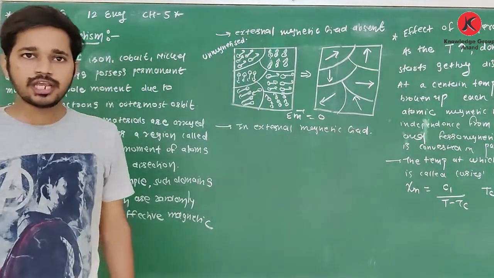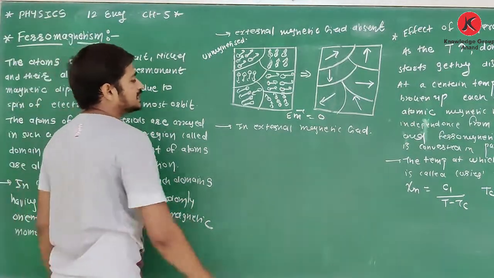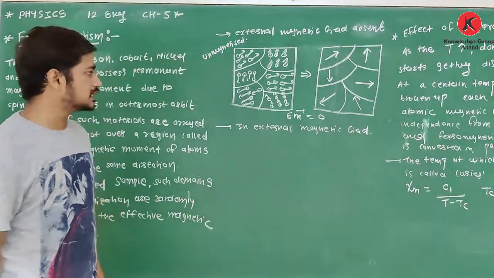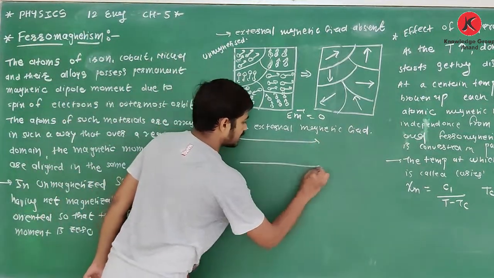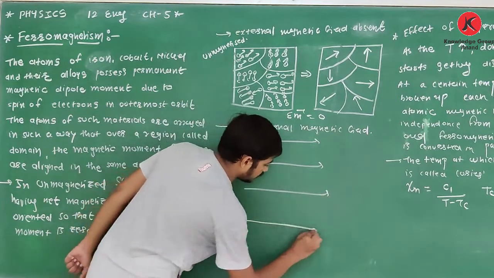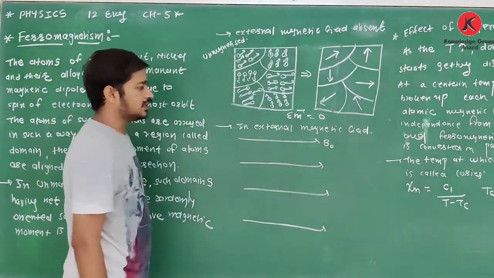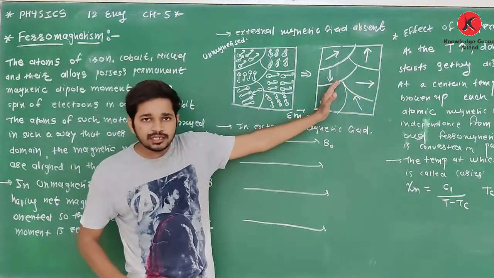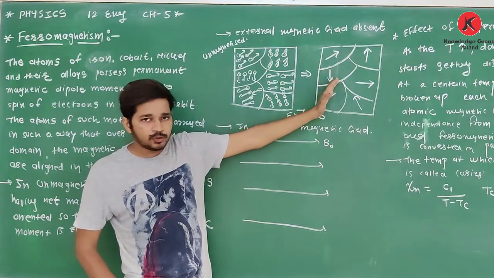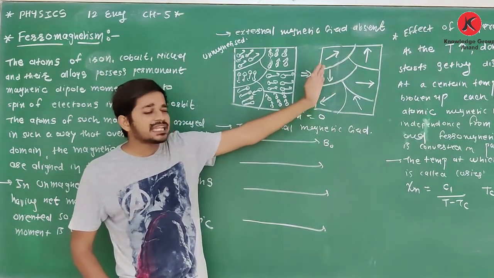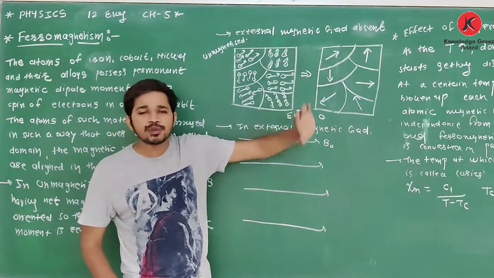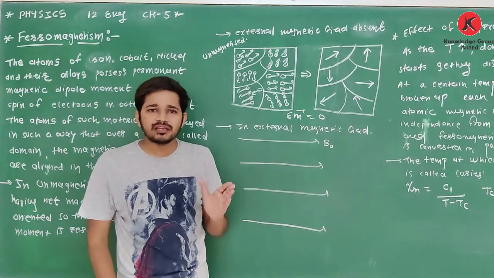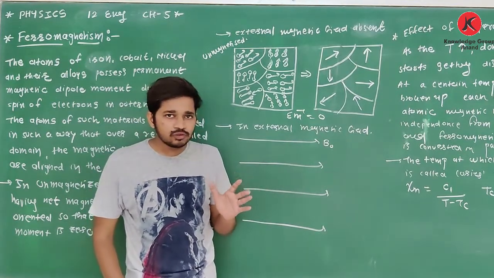Clear about this? But when the same ferromagnetic material is placed in an external magnetic field, then due to the magnetic field, forces and torque act on the domains, and each and every domain will align in the direction of the magnetic field.